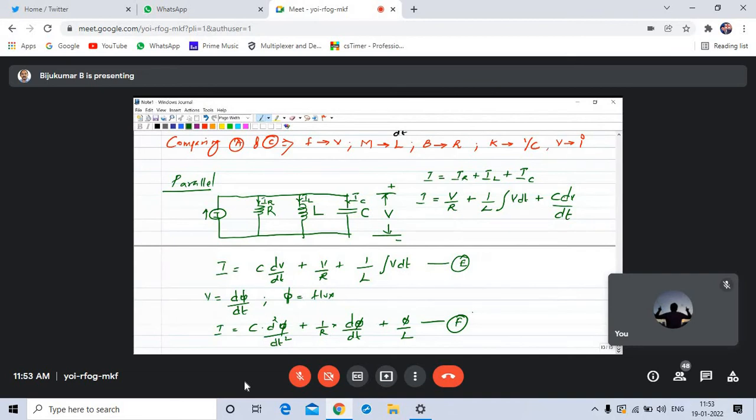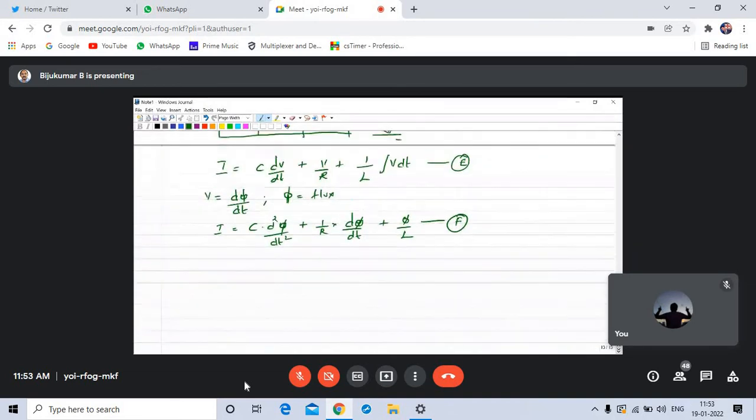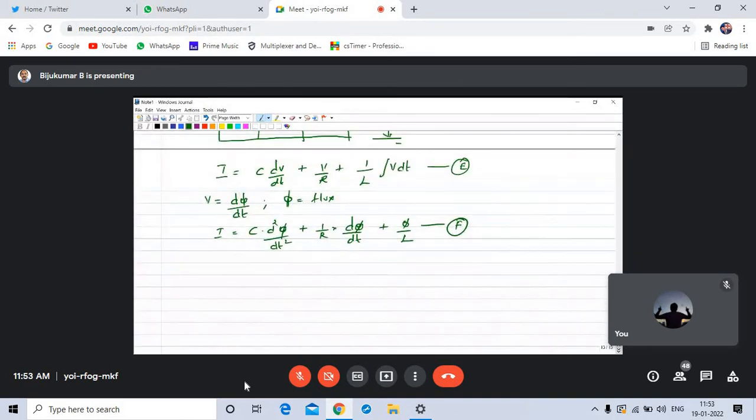So if you compare these equations with the mechanical system, this means force current analogy, right? The previous one was force voltage analogy. There is a force current analogy. That means the force in mechanical system is analogous to current.